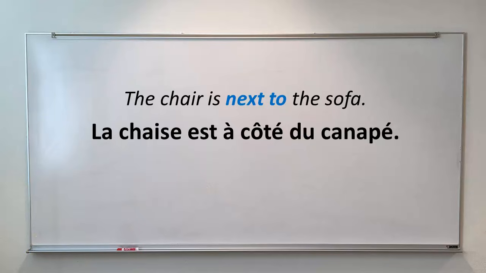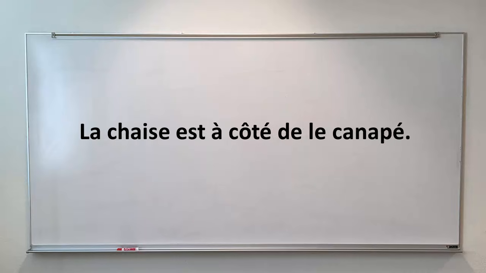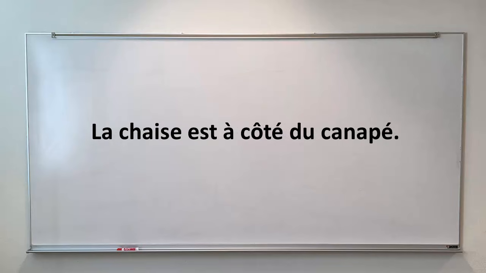So let's back it up a bit. Beep, beep, beep, haha. Okay, so you have the sentence here. La chaise est à côté de le canapé. Well, what's wrong with this? This is not grammatically correct. Why? Well, de and le is an obligatory contraction. So de and le actually contract to du.